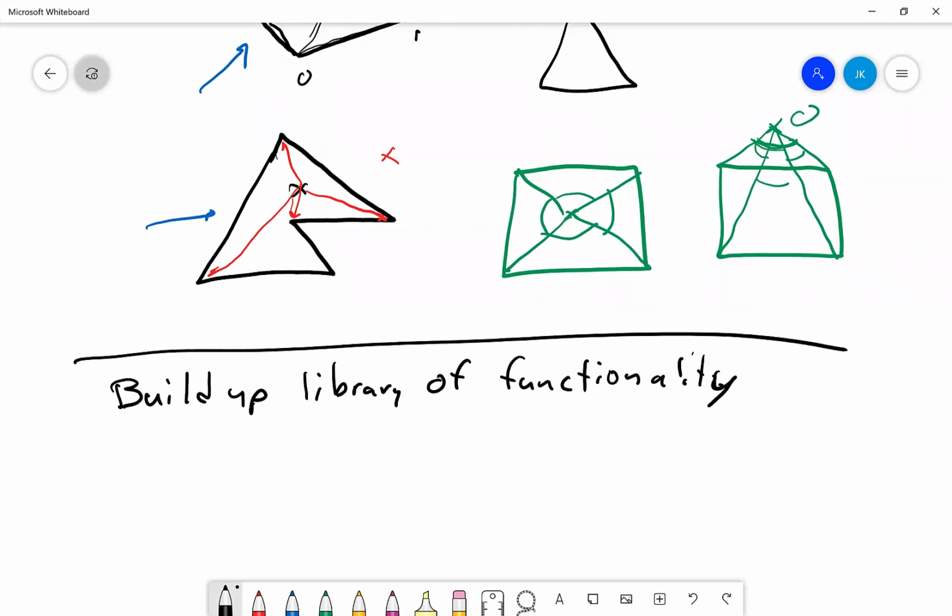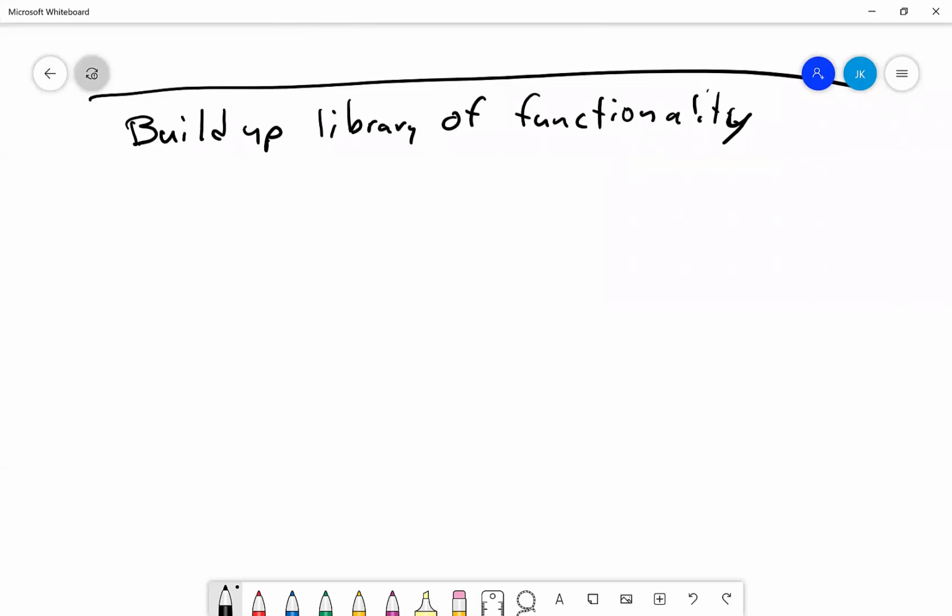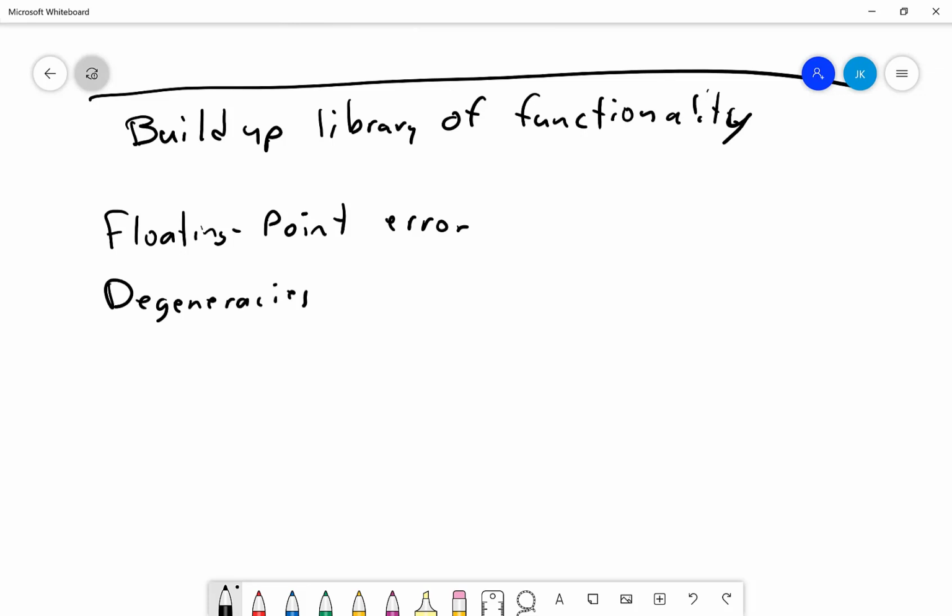So the last thing that I want to mention is something that comes up. It's a practical issue when you're doing geometric calculations, and that is there is floating point error. And there are what are called degeneracies. Degeneracies are things where, for instance, parallel lines.